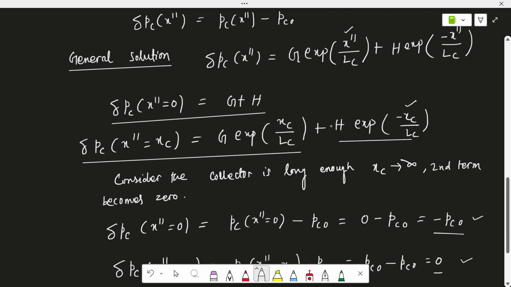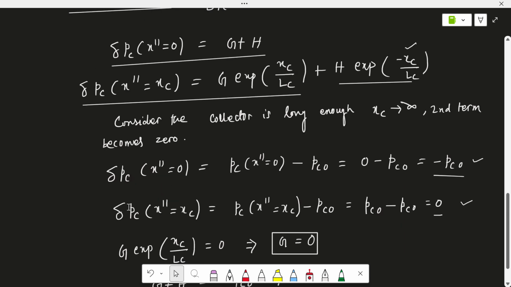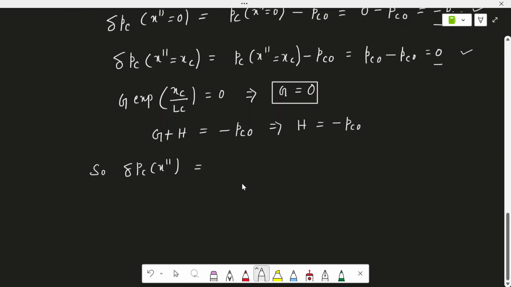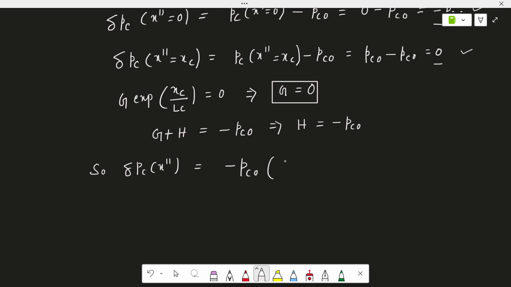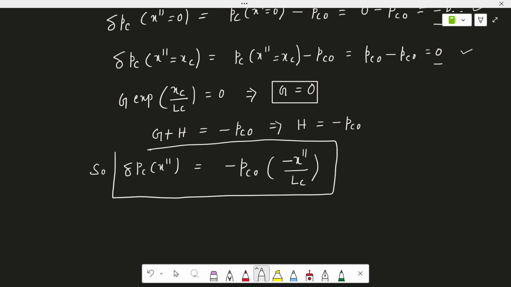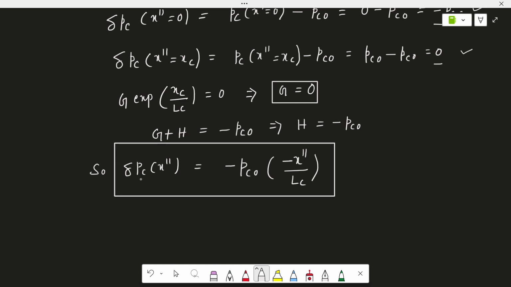For h we have the factor e to the power minus x'' over Lc, so ΔPc(x'') is equal to minus Pc0 times e to the power minus x'' over Lc. So this is what we got for the excess minority carrier concentration in the collector region. Okay, thank you.